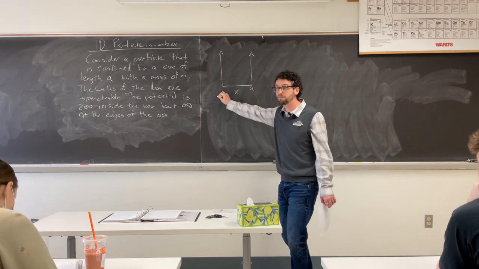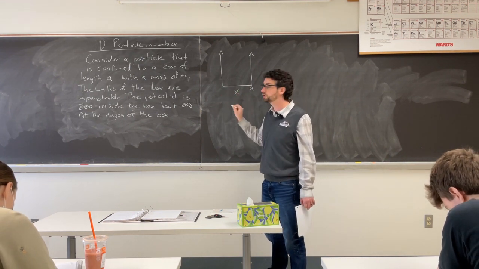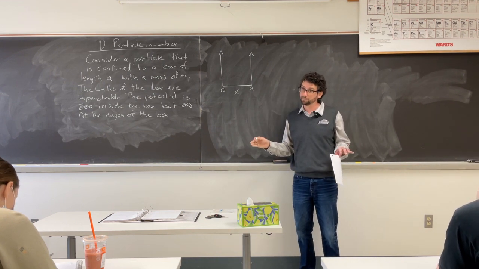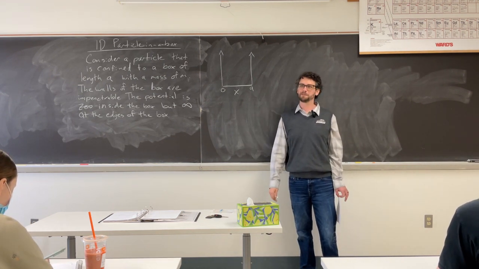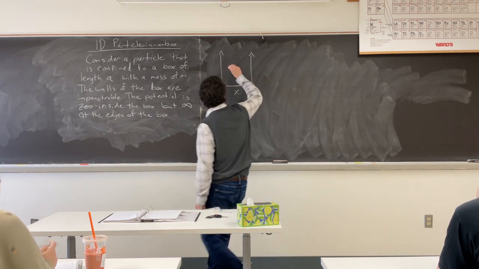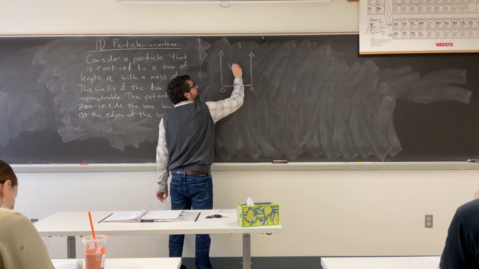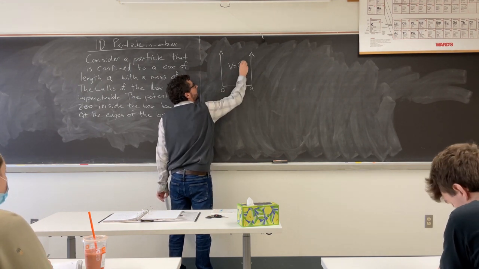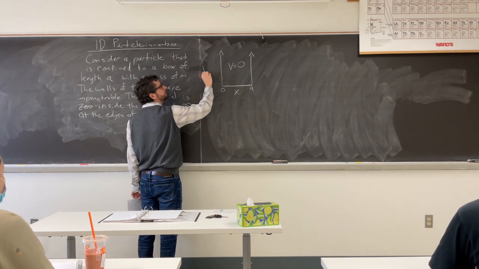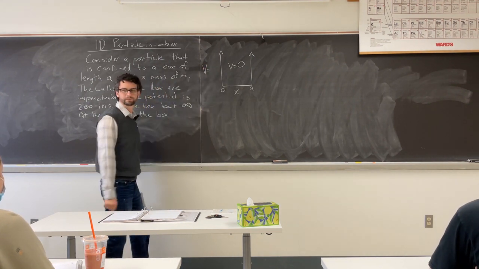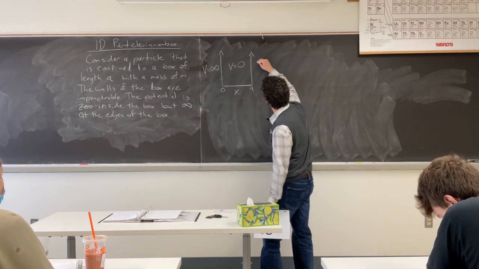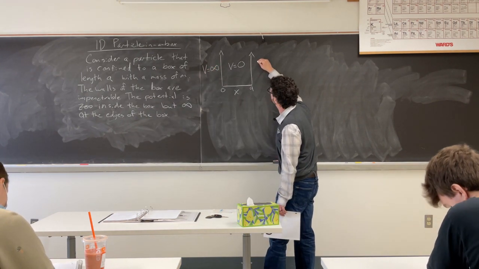A, yep. And what's the minimum value? You could really set any value you wanted to. 0 is the best because it makes life easier. What is the potential inside of the box again? What about when x is less than 0? What about when it's more than A?